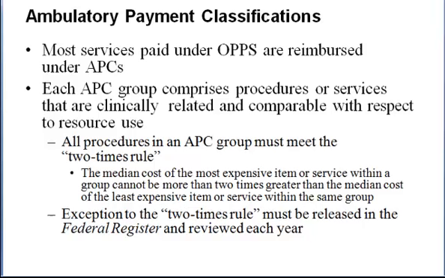All procedures or services assigned to an APC group must meet the 2 times rule, which establishes that the median cost of the most expensive item or service within a group cannot be more than 2 times greater than the median cost of the least expensive item within that same group. Medicare can propose exceptions, of course, to that 2 times rule.